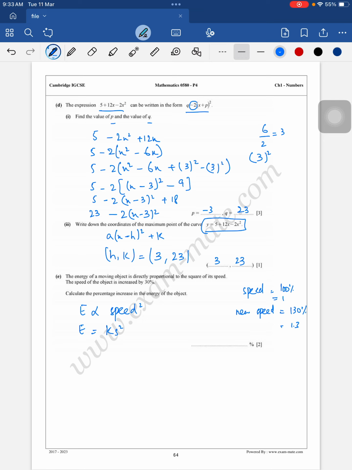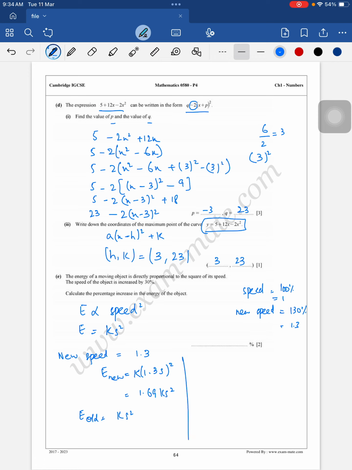So new speed is equal to 1.3. So new energy was k times 1.3 s square, which is equal to 1.69 k s square, and old is k s square.